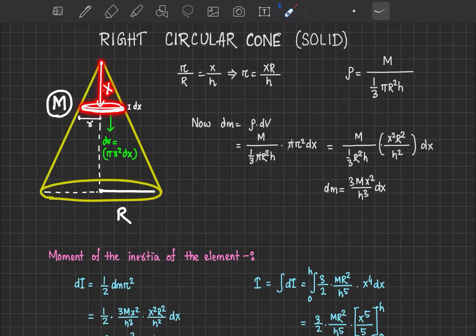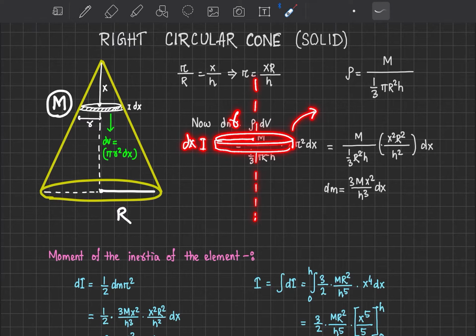This element will behave as a disc, with thickness dx, and let's say this disc's radius is r. Our axis passes through the disc like this.